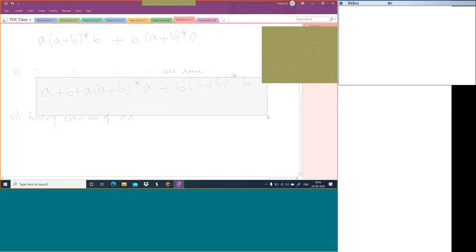Do you understand? Samiksha, epsilon won't be there. Epsilon means no symbol is there.